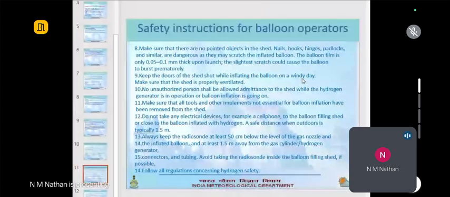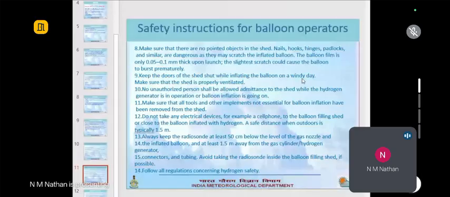No unauthorized person shall be allowed inside the shed. You should not allow any persons other than operators inside the hydrogen filled area. Make sure that all tools and other implements not essential for balloon inflation have been removed from the shed.